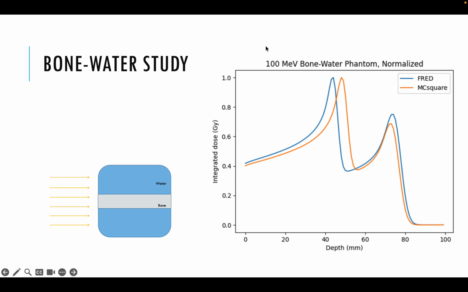There you go, 100 MeV bone water phantom normalized, and you see the profile, the two Bragg peaks. The first Bragg peak, this one, is in bone and this one is in water. One thing to notice is the bone Bragg peak is greater than the water Bragg peak in terms of magnitude.